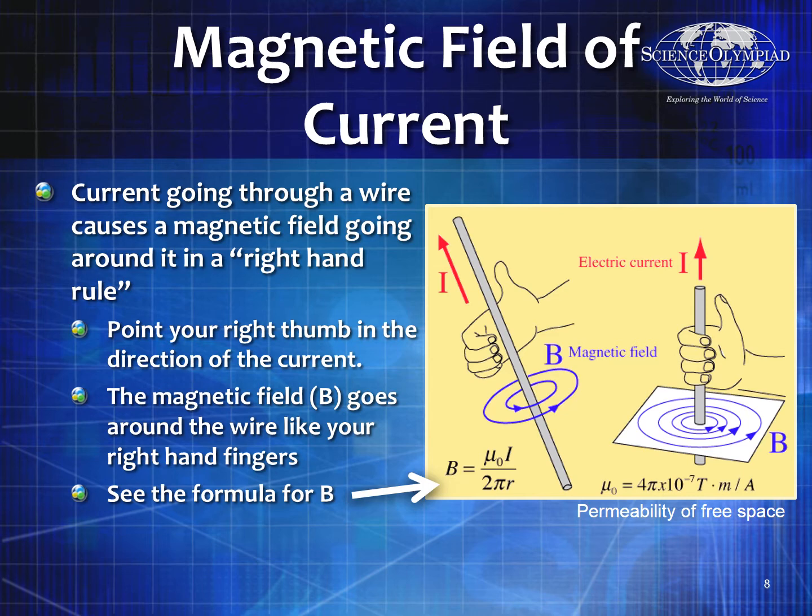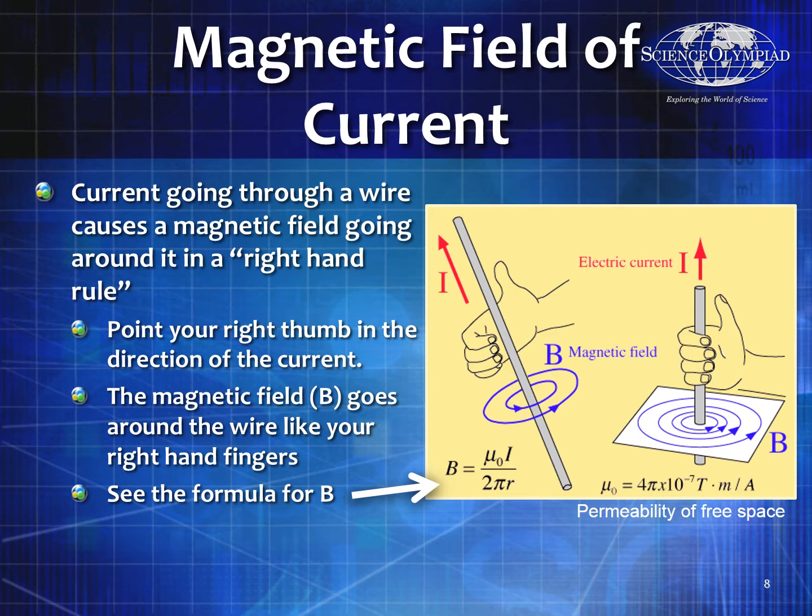The magnetic field is shown by the term B, and it has the equation: permeability, mu, times the current divided by 2 pi r. What that means is the further away you are from the current line, the weaker the magnetic field.